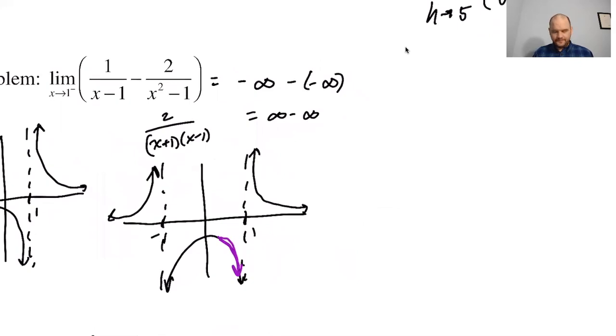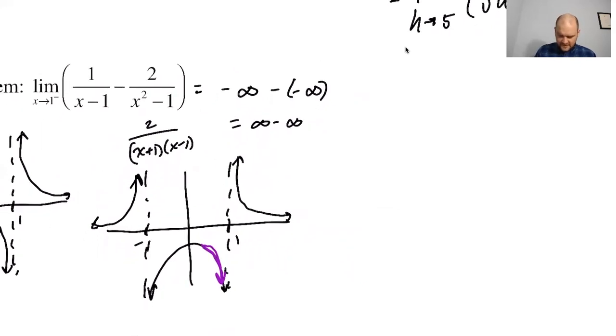So I'm going to rewrite this as the limit as x approaches 1 from the left of, with x plus 1, x minus 1 in the denominator. The common denominator between 1 over x minus 1 and 2 over x squared minus 1 is x plus 1, x minus 1. The left-hand fraction just needs an x plus 1, so I'll multiply the top and the bottom by x plus 1.